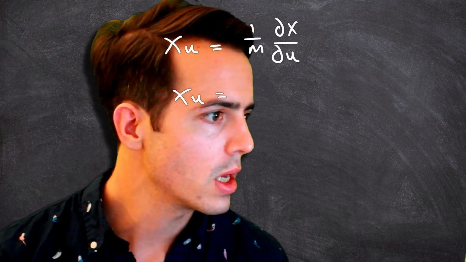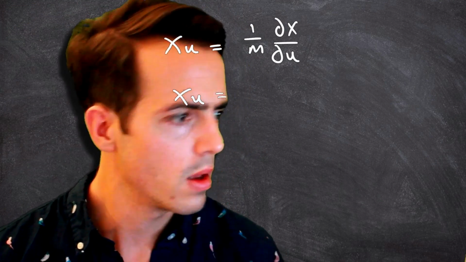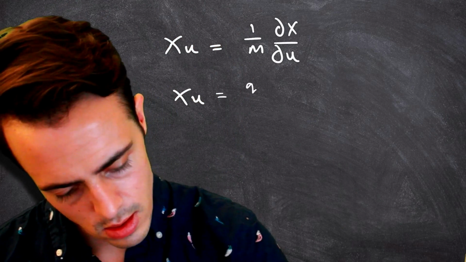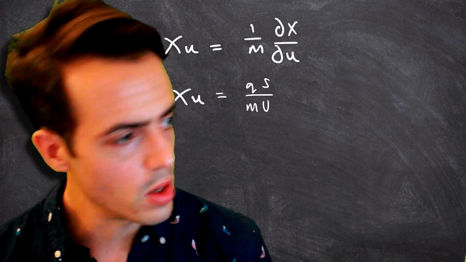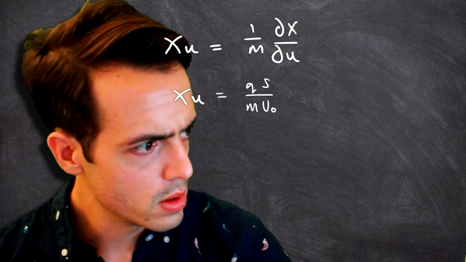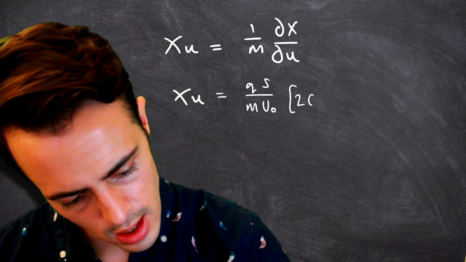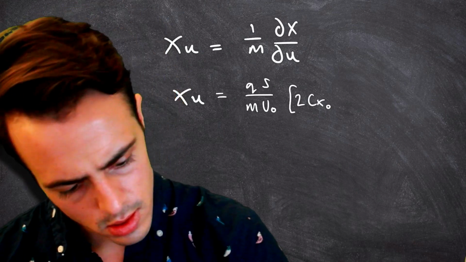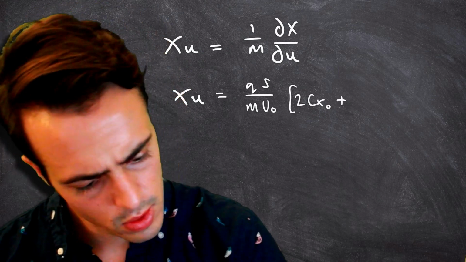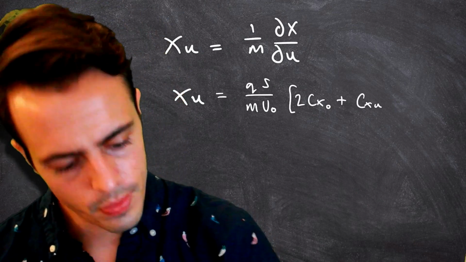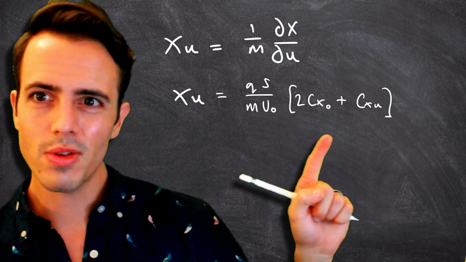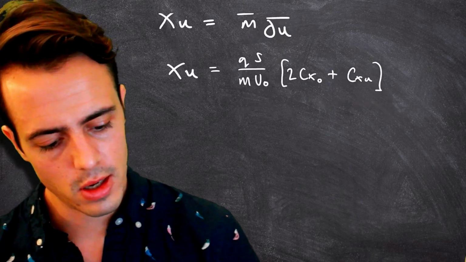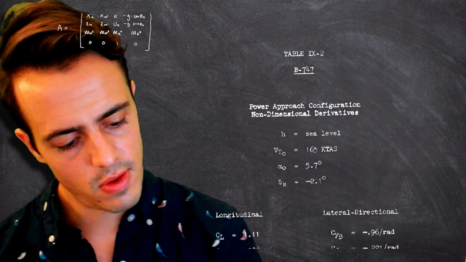So XU is QS on mU0, 2CX0 plus CXU. So we need to look at our dimensional derivatives and find out CX0 and CXU. So let's have a look. Let's go to our derivatives.